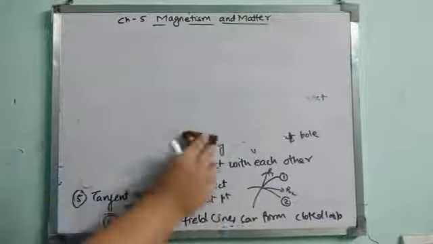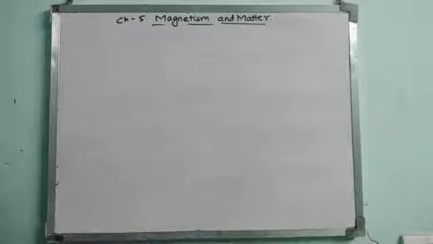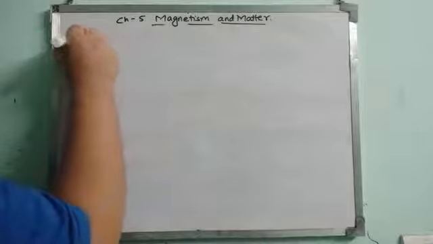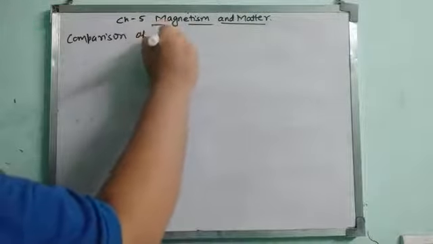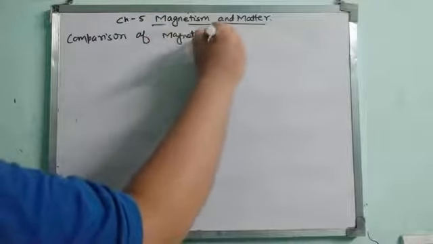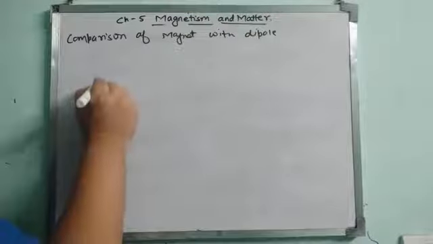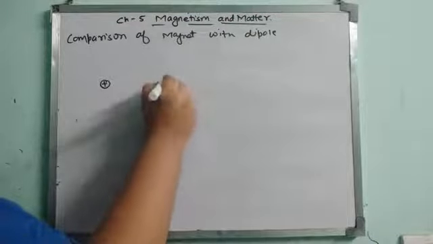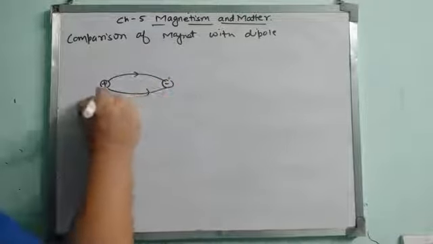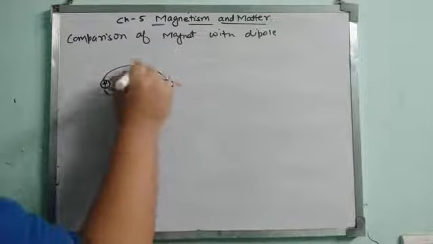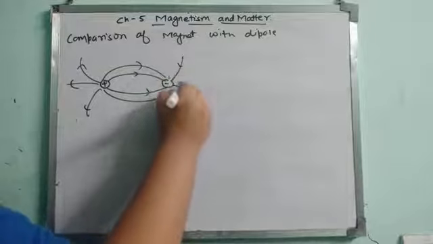Now the topic comes: comparison of a magnet with a dipole. Suppose it is a dipole. Then electric field lines are like this, going away from the positive charge and entering the negative charge.